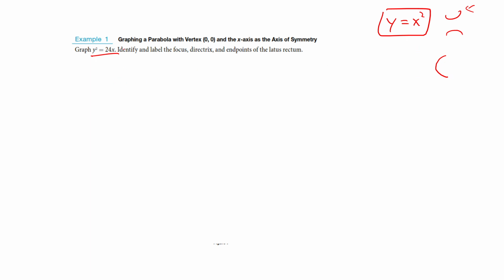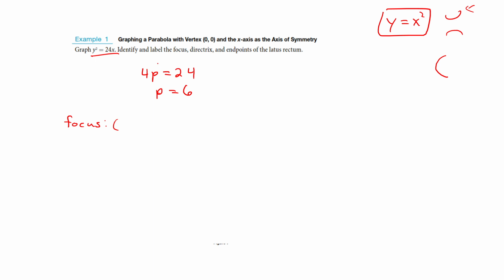Now we need the value of p. Well, the way this equation works is 4p equals whatever that number is in front of the x. It equals 24, so p is going to be 6. Okay, so now we have p, and this will give us everything we need. Now we're going right and left, so let's do the value of the focus.